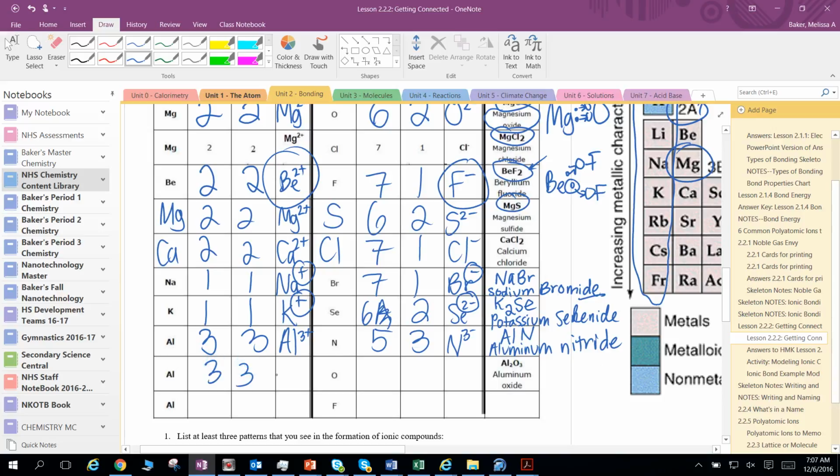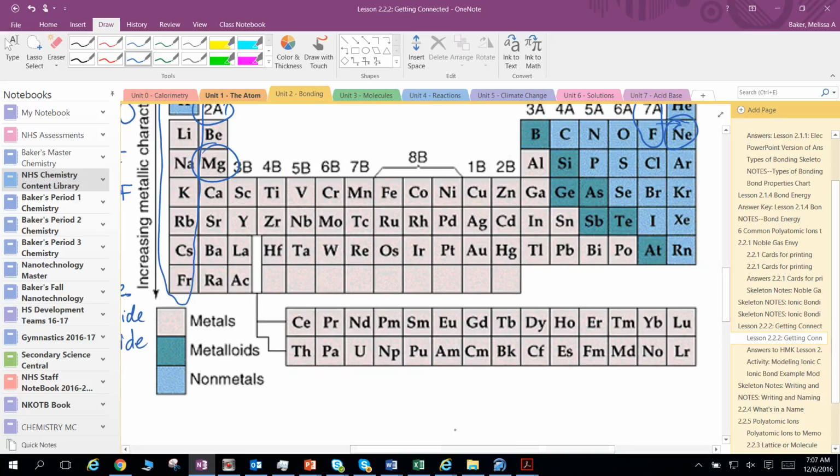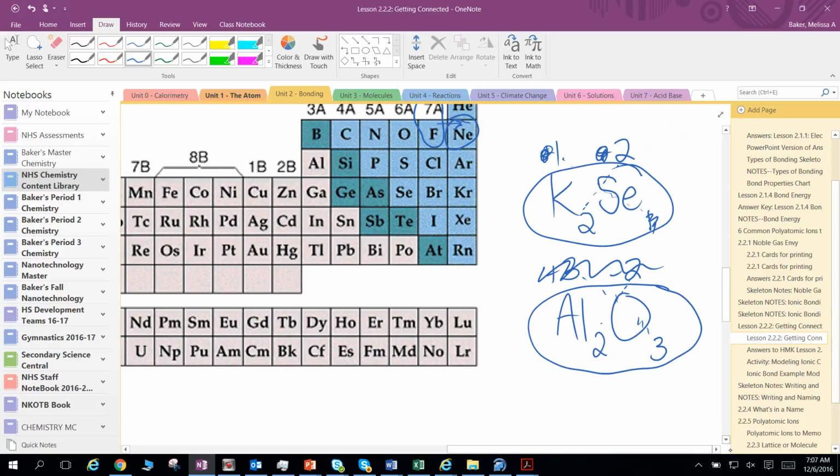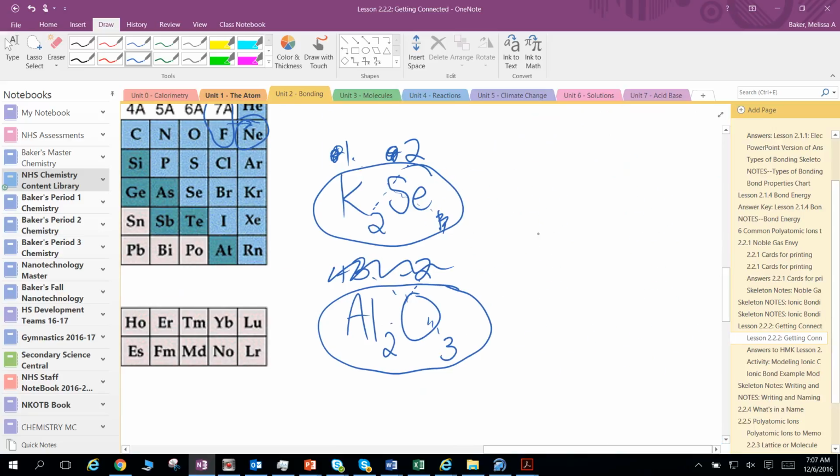Another aluminum. Notice that it follows the same pattern. Another oxygen. And I already showed how we crisscrossed to make Al2O3. But I also want to show you how the charges cancel out. So aluminum's got 3 electrons that it wants to get rid of.